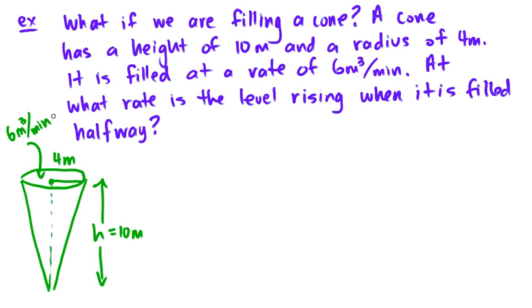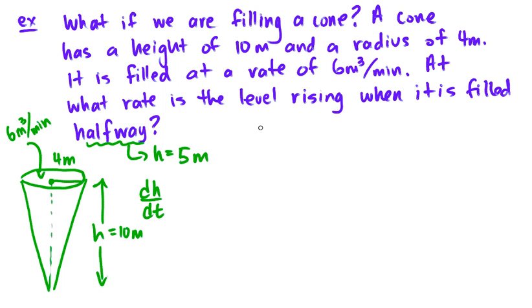So there's your change in volume. And what is the rate of the level rising when it's filled halfway? So again, we're looking for dh/dt, and halfway means that when the height is 5 meters. That's what we're looking for.